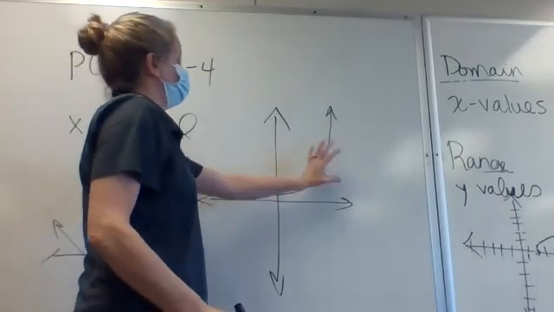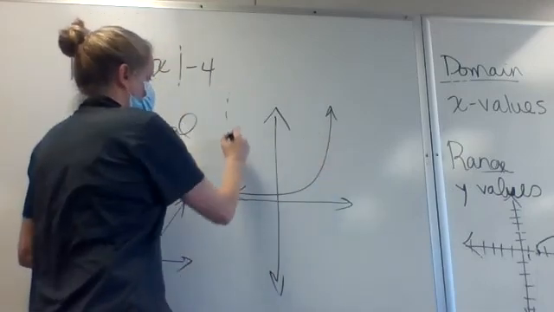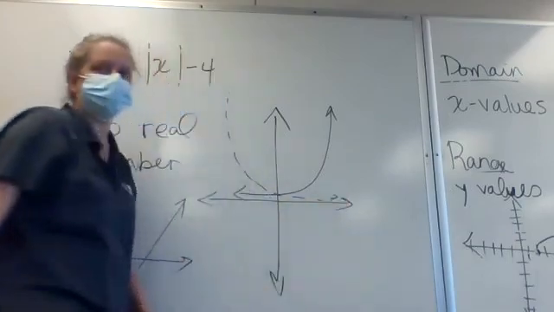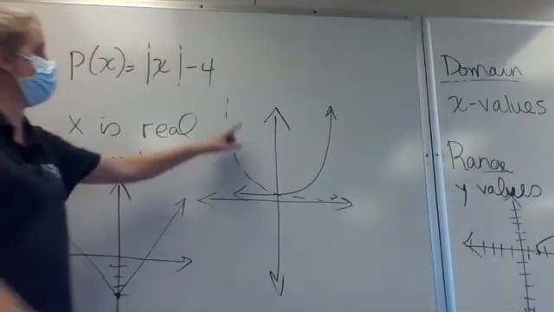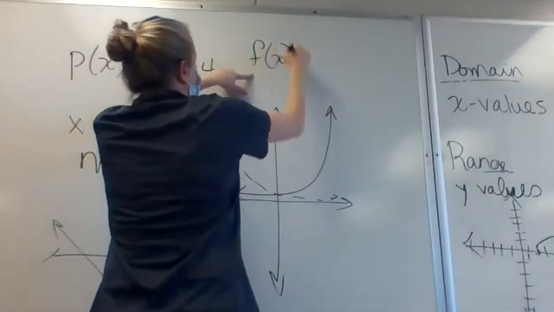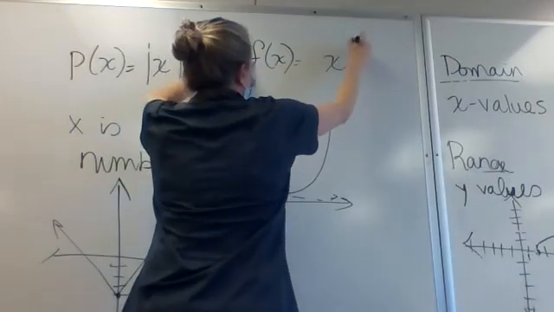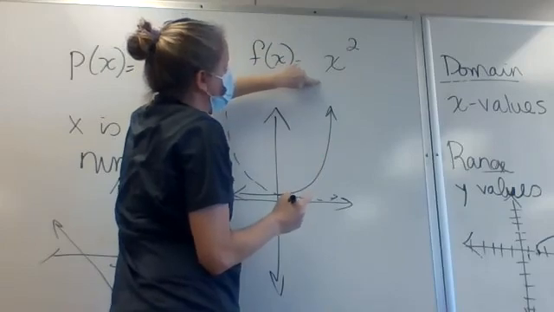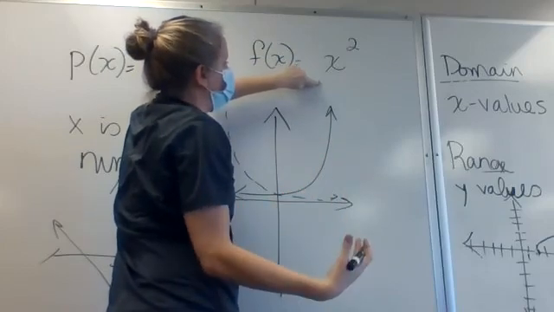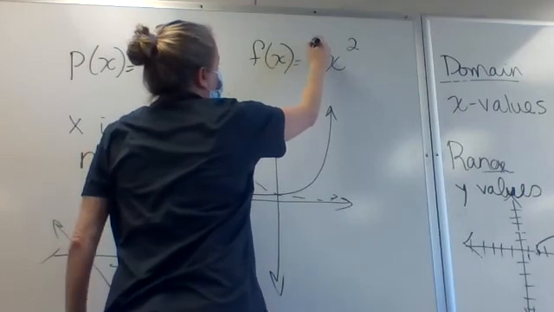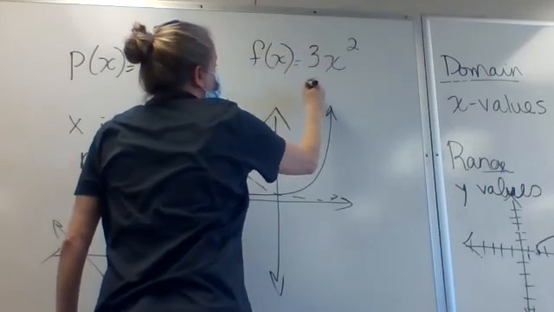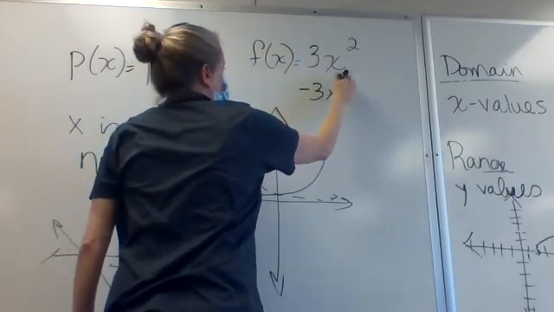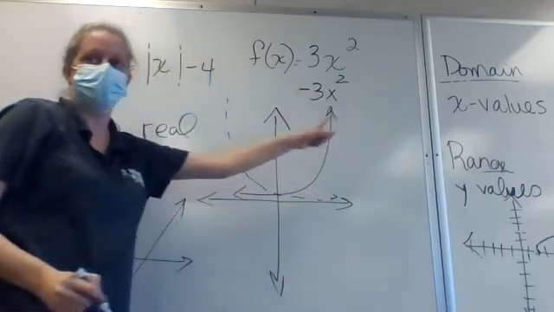This can sometimes flip across the y-axis like that, and that is if the number in front of that x squared, if the absolute value of it is greater than 1, so if it's either 3 or negative 3, it's going to be this way. Okay.